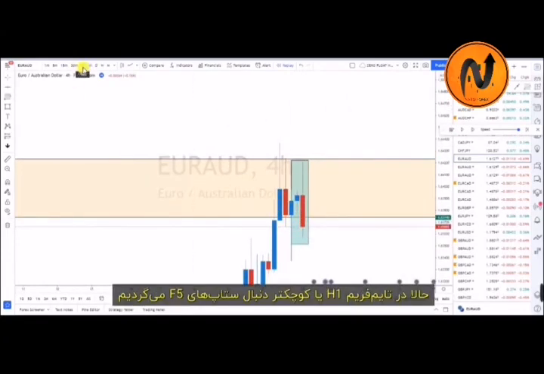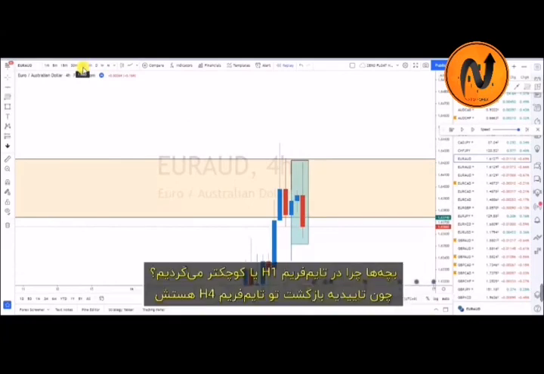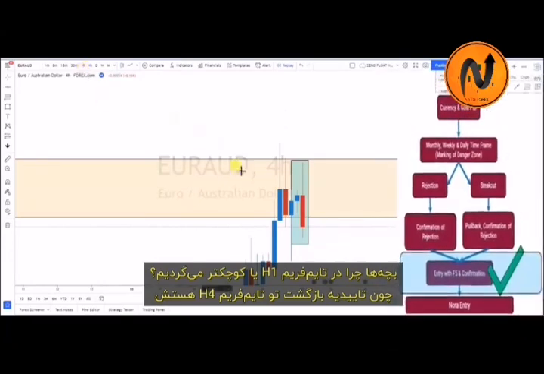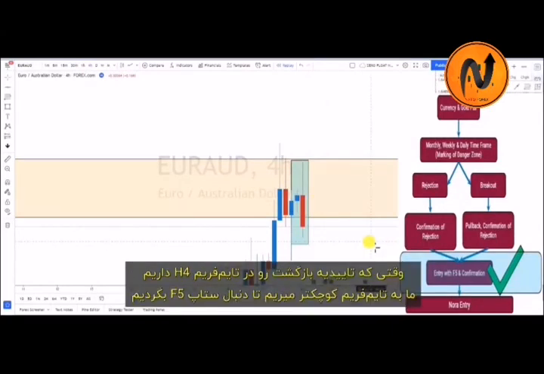Next, we look for the F5 setup at the H1 time frame and below. Why is it at the H1 time frame and below, guys? Because the confirmation of rejection is at the H4 time frame. So when we have the H4 as our confirmation of rejection, then we move to the smaller time frame to look for the F5 setup. So let's go to the H1.